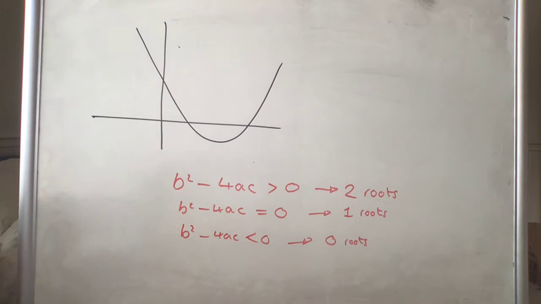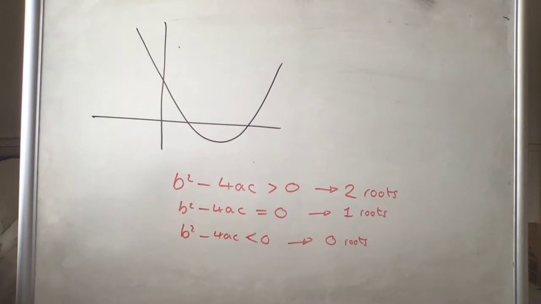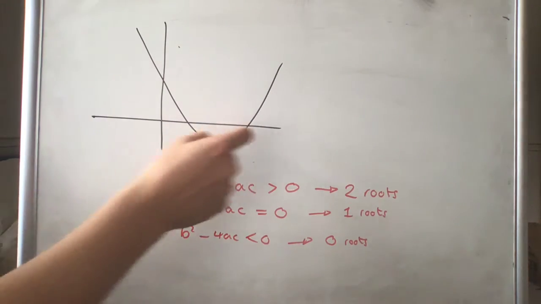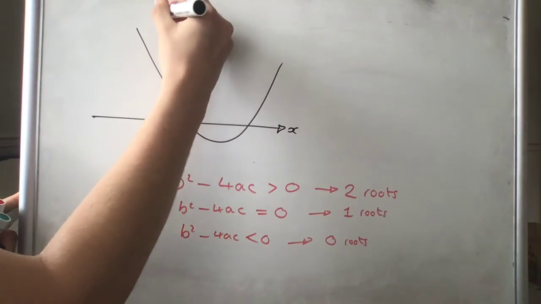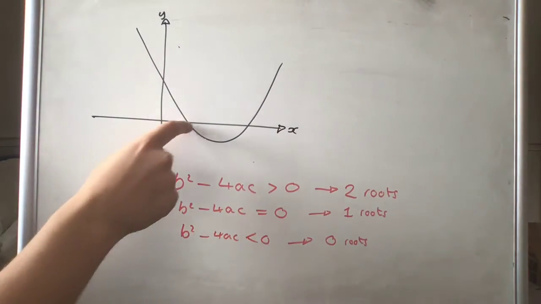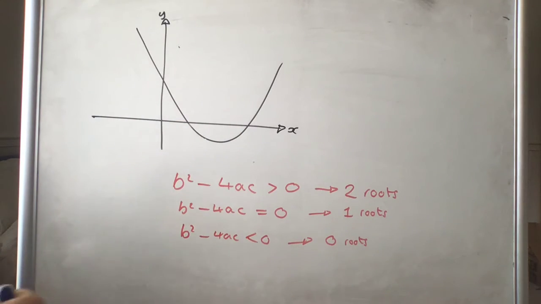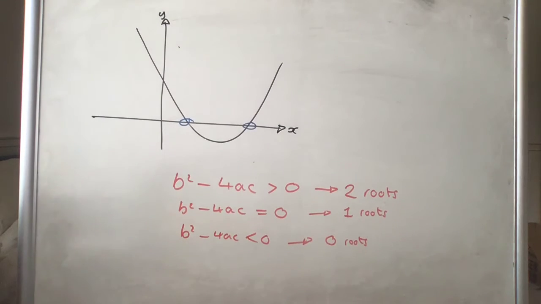Now, when the discriminant is greater than 0, like here, the quadratic graph will intercept the x-axis, which is obviously this horizontal one here. This is our y-axis. It's going to intercept our x-axis at two distinct points, okay? Because we have two roots. So when b squared minus 4ac is greater than 0, then we know that the graph is going to intercept the x-axis at two distinct points.